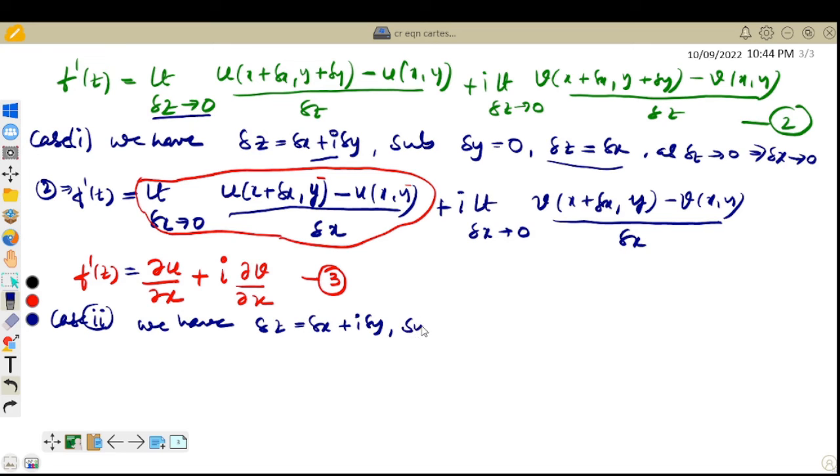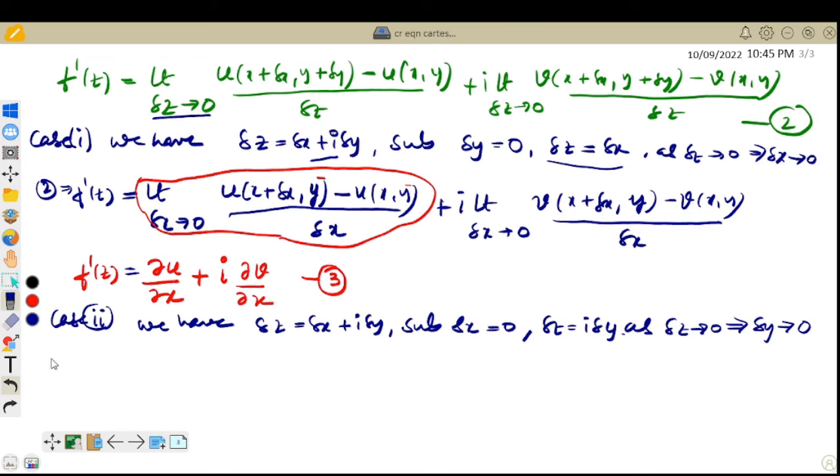You need to substitute here delta x equal to 0, then delta z becomes i delta y. So substitute here delta x equal to 0, you will get i delta y. And as delta z tends to 0, which implies i delta y tends to 0, or simply delta y tends to 0.